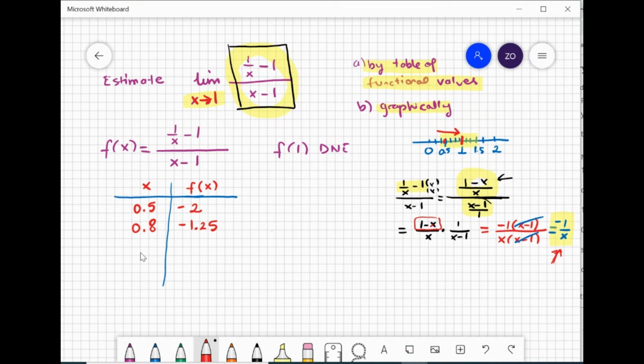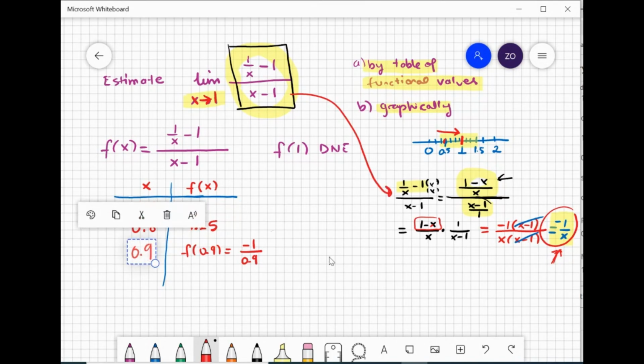So tell me another number which is close to 1. 0.9. So now let's find f of 0.9. Let me write it openly here, which is going to be negative 1 over 0.9. So we can just take this expression because we simplified it.